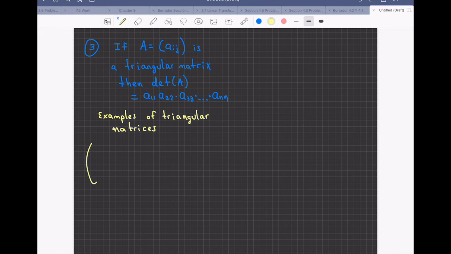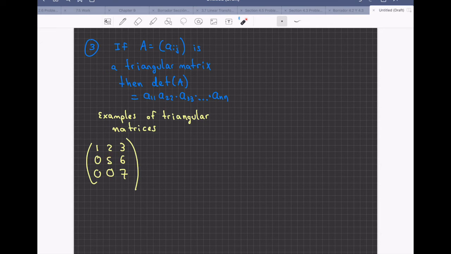Triangular matrices are the ones, for example, this one: 1, 2, 3, 0, 5, 6, 0, 0, and 7. I mean, those are matrices where either above or below the main diagonal, in this case, we have only zeros.